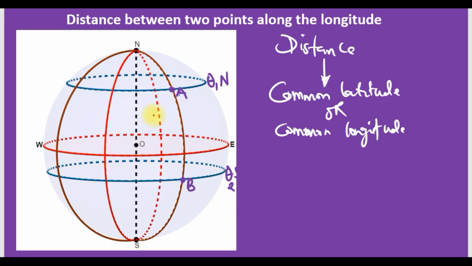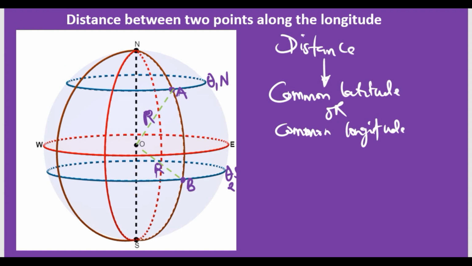If we join O to A and O to B, we have the radius of the circle. So the radius of the circle is R, big R, which, remember, they are all big circles, so they are all the same.